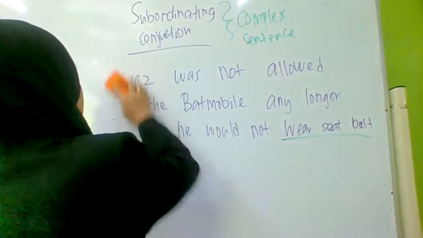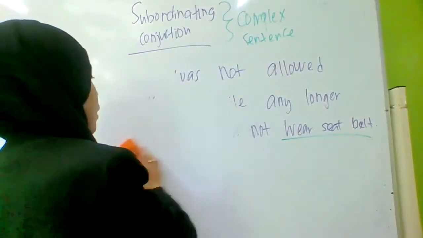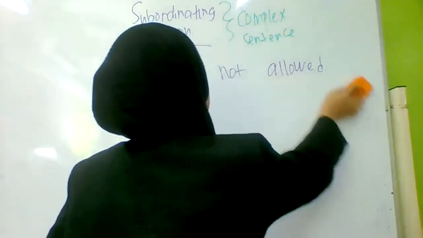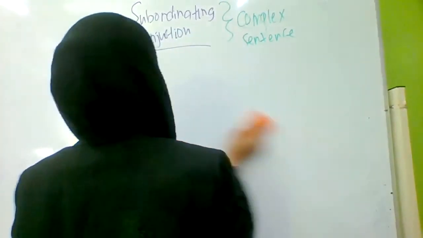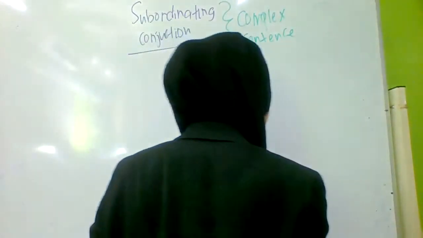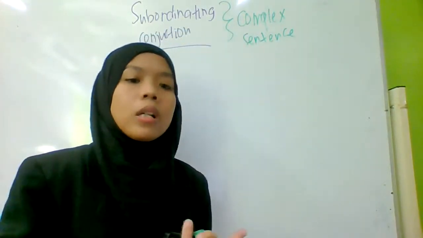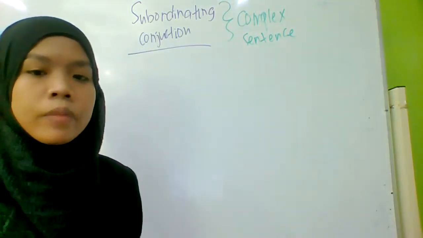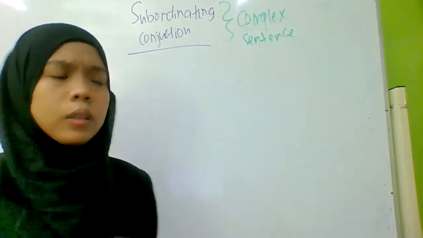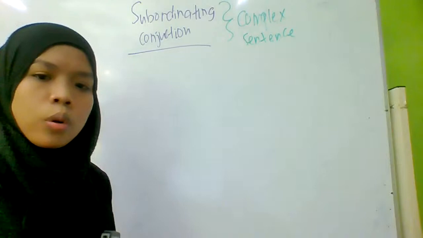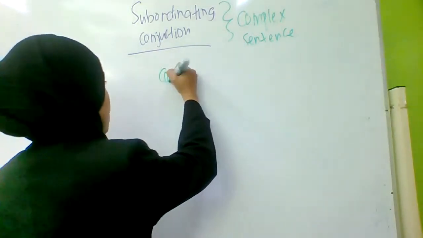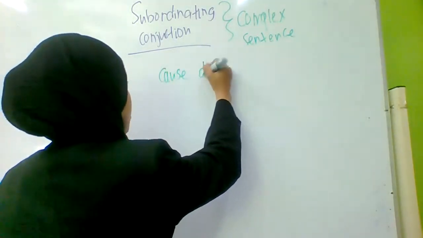Next, we are going to see what other types of subordinating conjunction there are. When you use subordinating conjunction, it falls under complex sentence. These show cause and effect. Remember cause and effect.